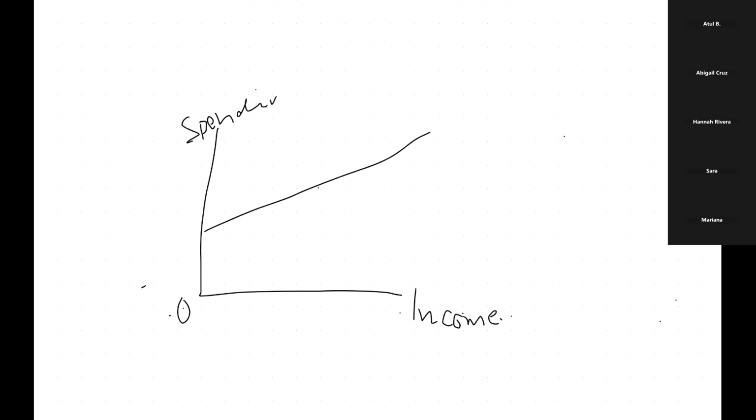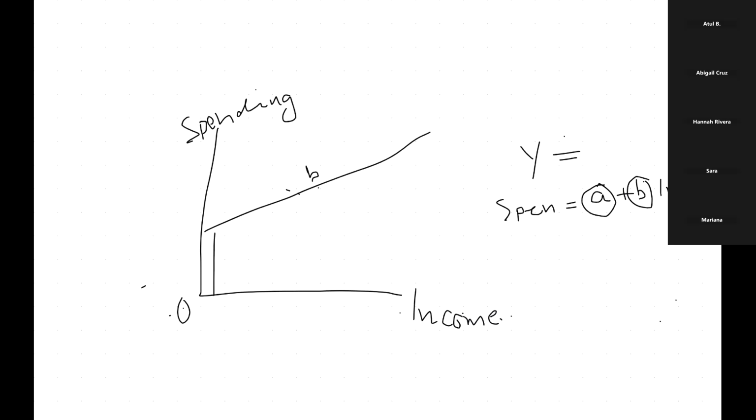If I have an income of a certain amount, what would my spending be? Based on this data, the model will be spending equals A, the intercept, plus B, the slope, times income. Now let's say based on this data I got the A value and the B value. If my income is 90,000, what is my spending? So this is simple regression.